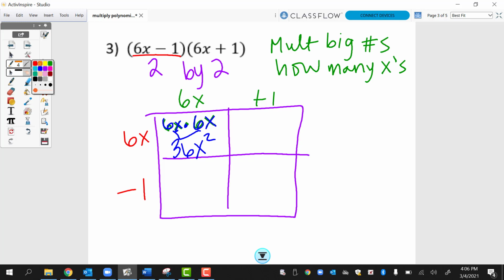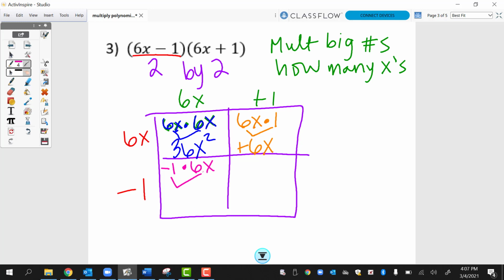Okay. Next box, I have 6x times a positive 1. Multiply the big number. 6 times 1 is 6. How many x's? Just one of them in this box. That was a positive 6, so I'm going to put plus. Next box, we have a -1 times a positive 6.